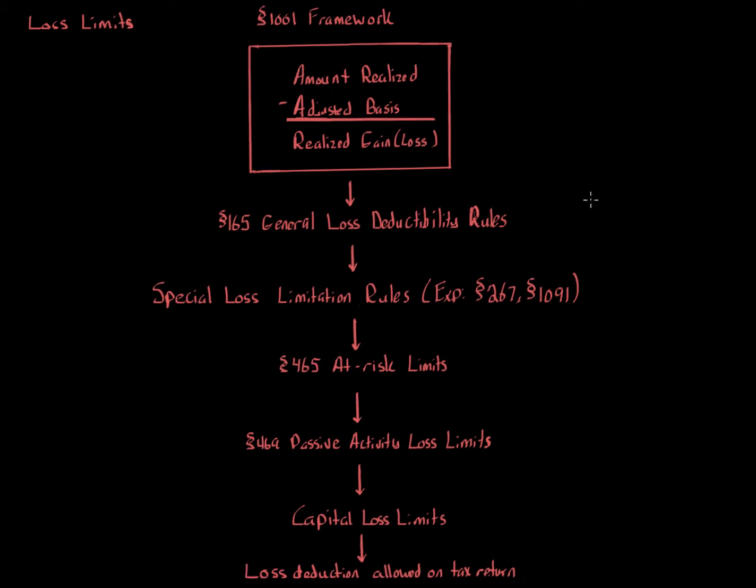Before we go into the specifics, I want to mention that the Tax Cuts and Jobs Act has really added an additional element. What you see here on the screen is really the historical framework of losses, starting with Section 1001, going all the way through the at-risk, passive activity, capital loss limits. We have some special rules, the 165 general hurdles, and all that still applies.